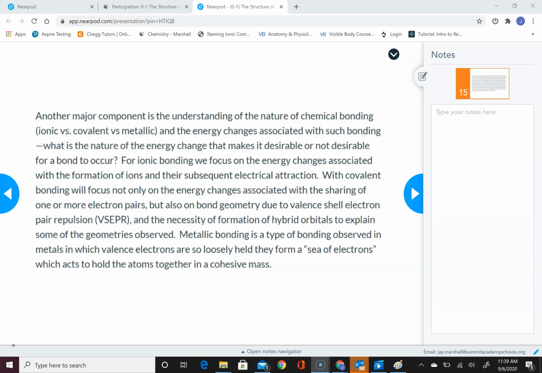For ionic bonding, we focus on the energy changes associated with the formation of ions and their subsequent electrical attraction. Covalent bonding will focus not only on the energy changes associated with the sharing of one or more electron pairs, but we'll also talk about the bond geometry. And with metallic bonding, we'll talk about the fact that the bonding occurs through formation of something that we're going to call a sea of electrons.